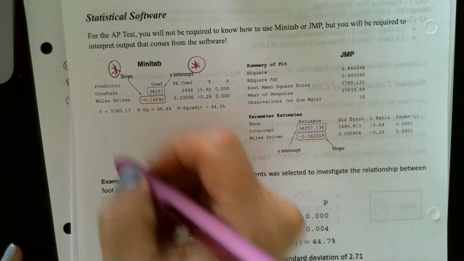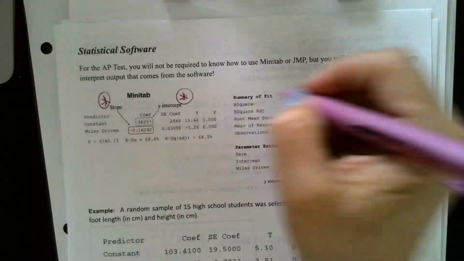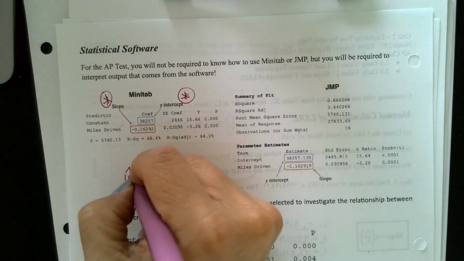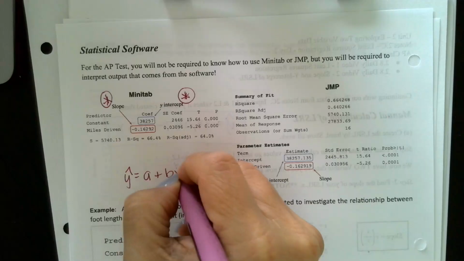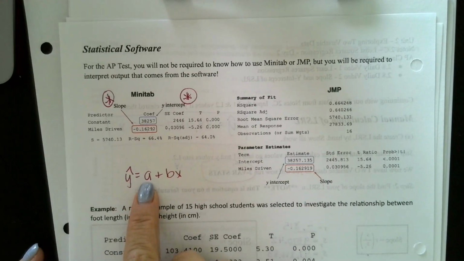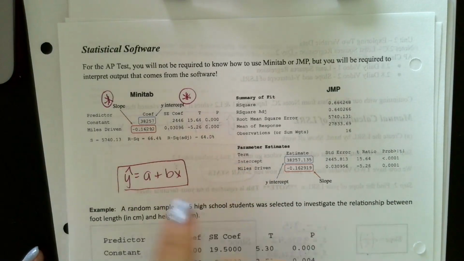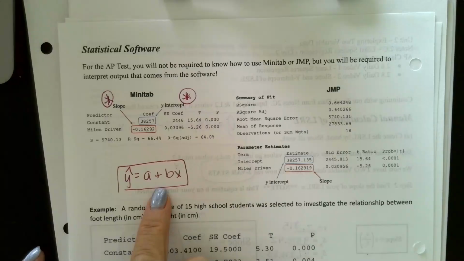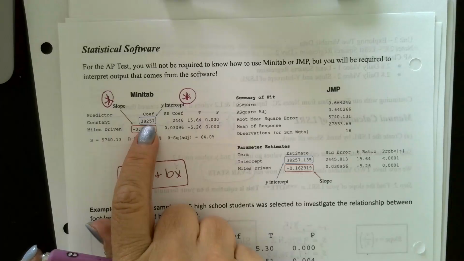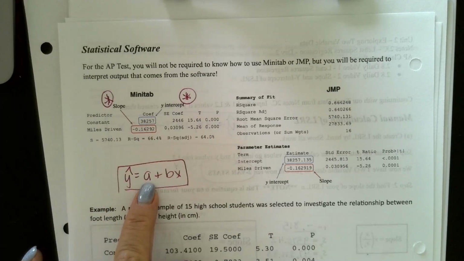If you think about this, the intercept's first and our slope is second. And this is the format statistically that we want to use, right? We don't want to use mx plus b, we want to use a plus bx. So what you see first is the intercept, and the slope is second.